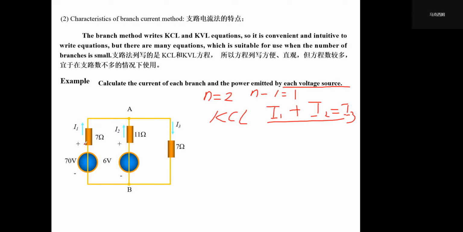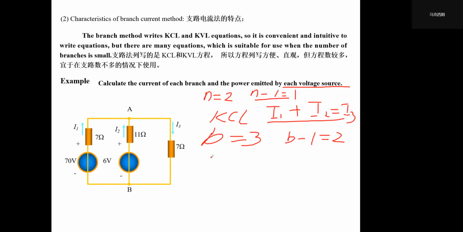And we know that we have 3 branches, B equals 3. B minus (n minus 1): n minus 1 is 1, so B minus 1 is 2.